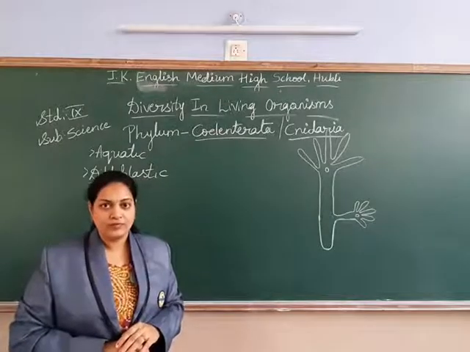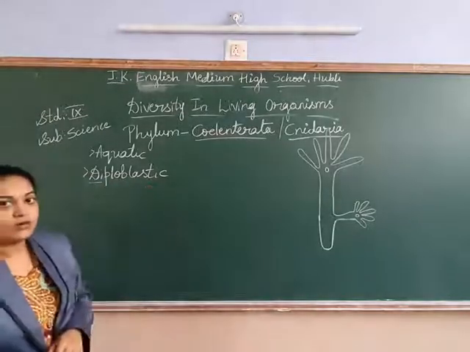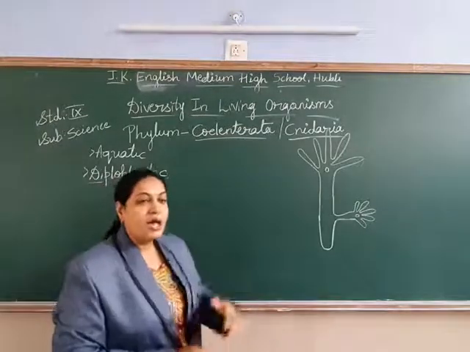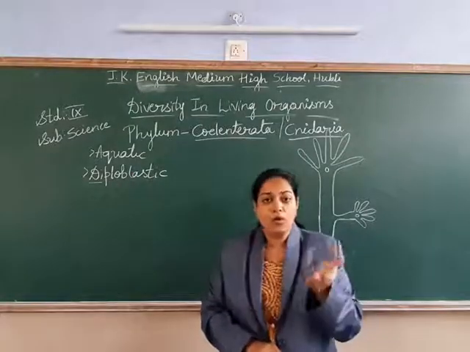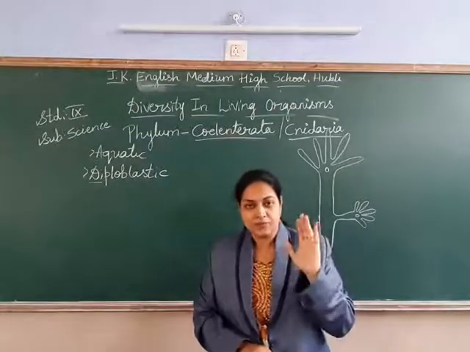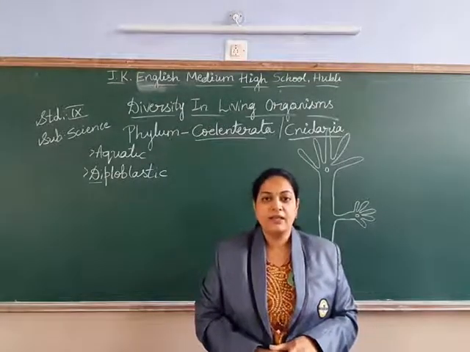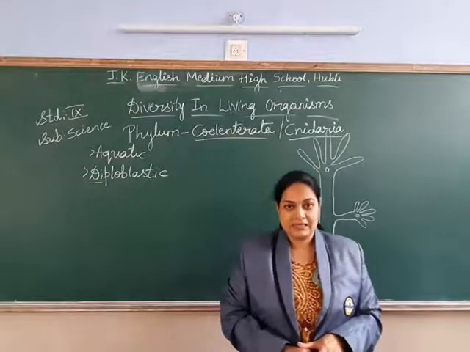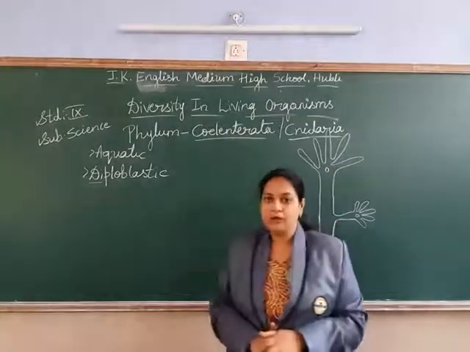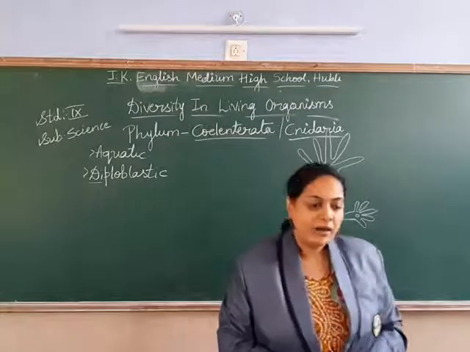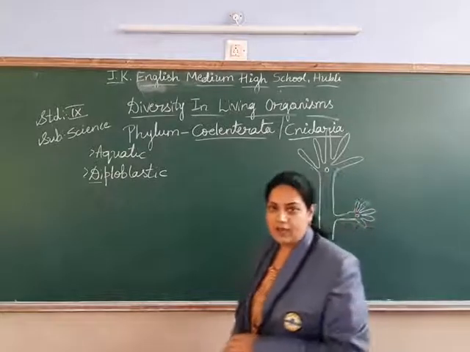The animals which have 2 germ layers are called diploblastic, and in other phyla we will study triploblastic. Tri means 3. If they have 3 germ layers, we will call them triploblastic. Right, students? For the time being, just keep it in mind. Coelenterata are diploblastic. They have 2 body layers.